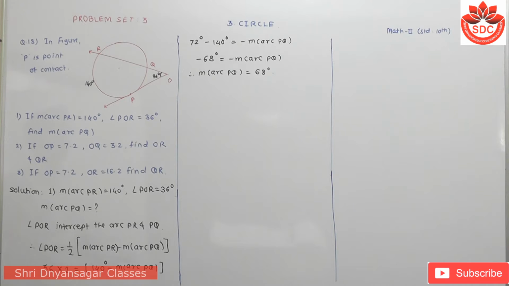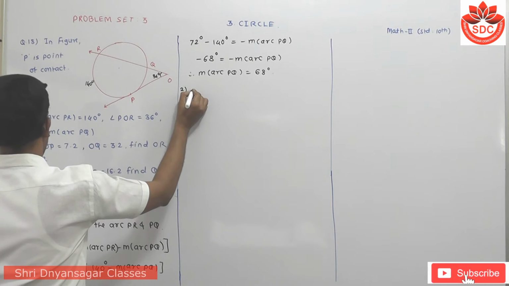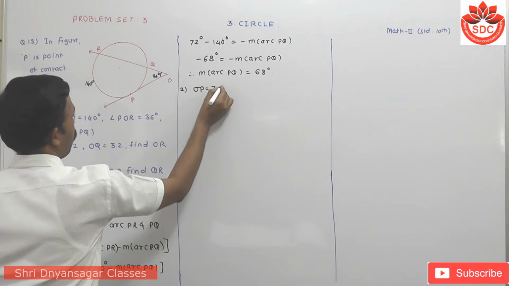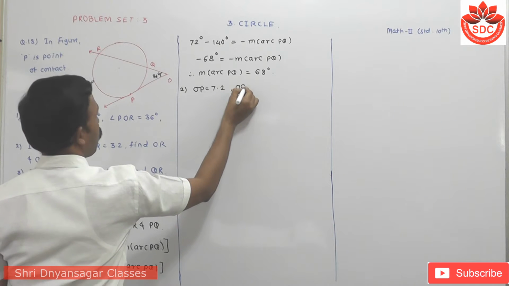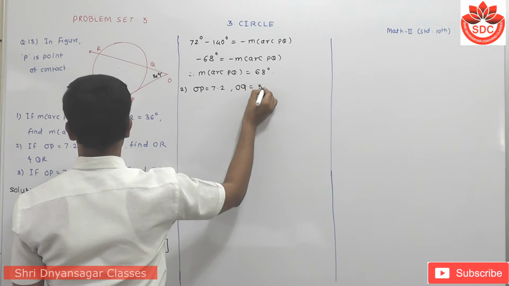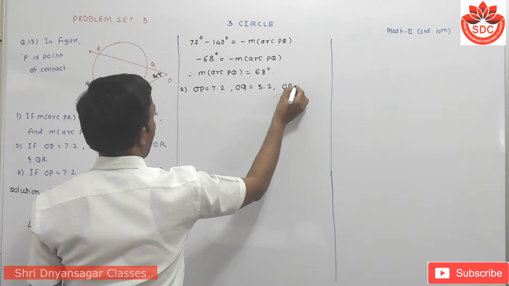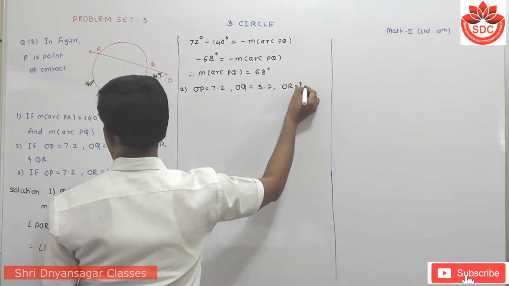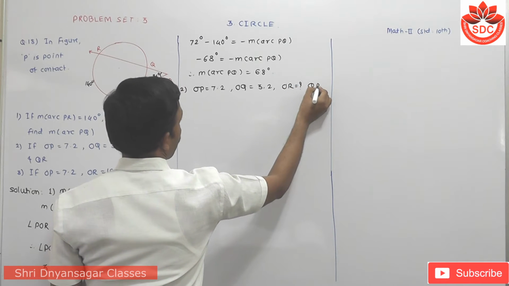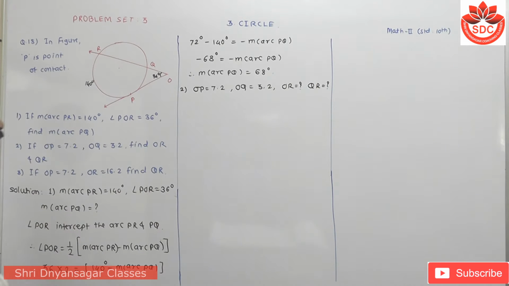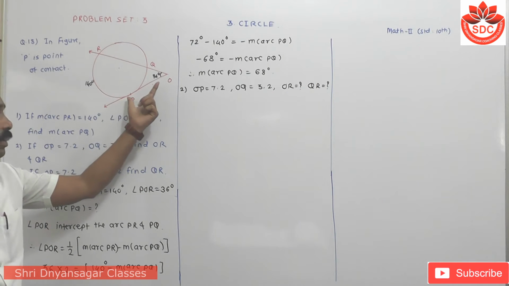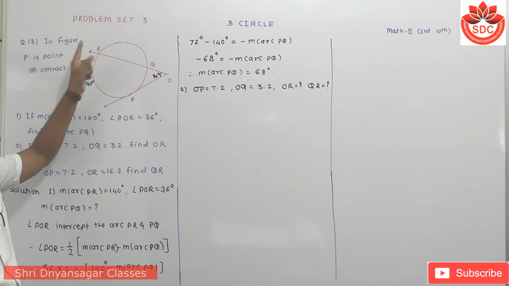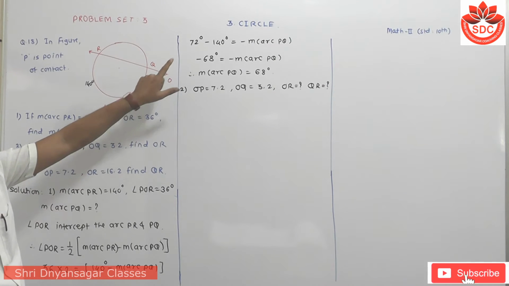Now the second one is: here OP is 7.2, then OQ is equal to 3.2, find OR is equal to question mark and QR is also equal to question mark. Now students, this tangent and this secant intersect outside the circle.